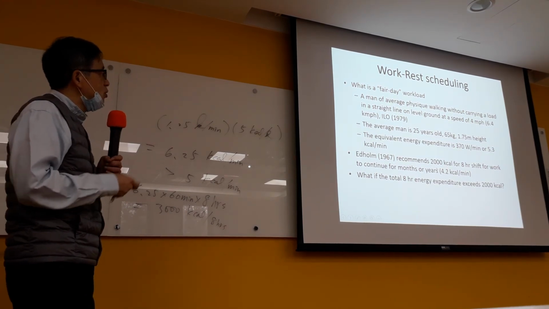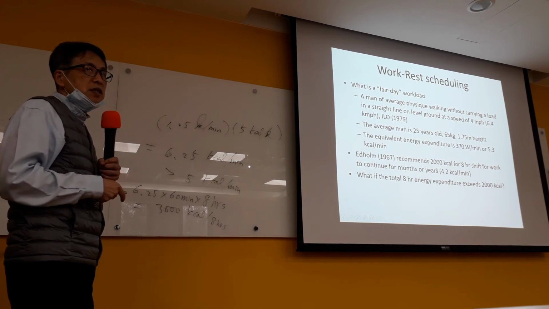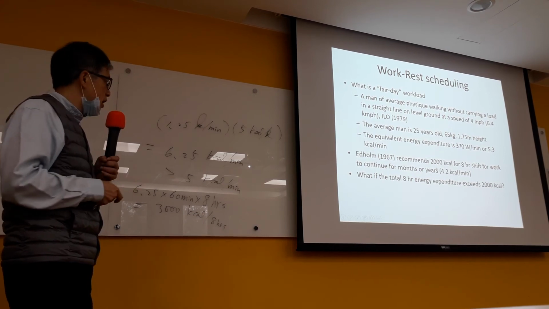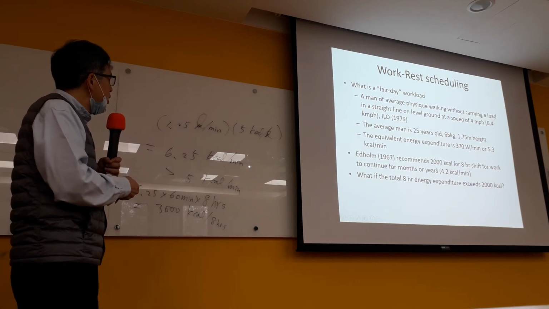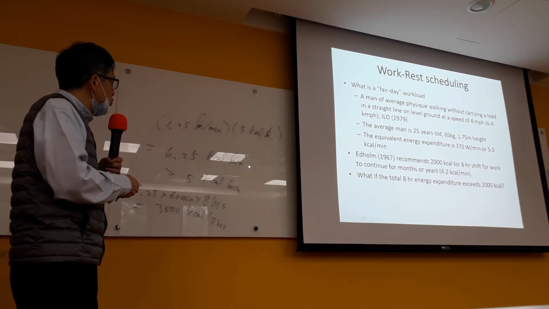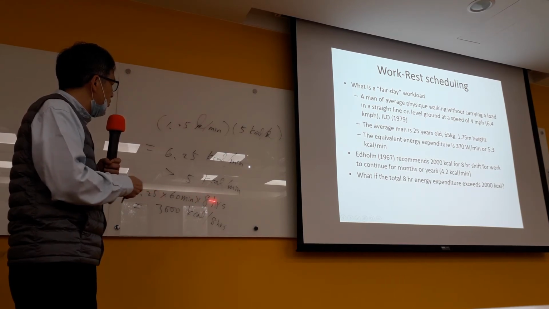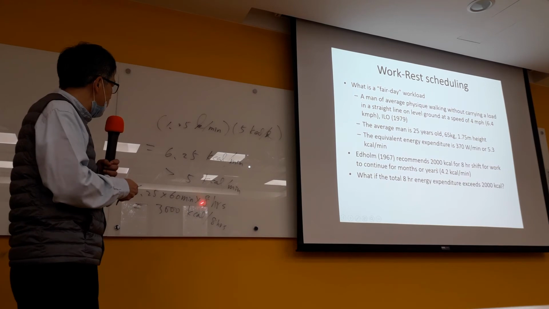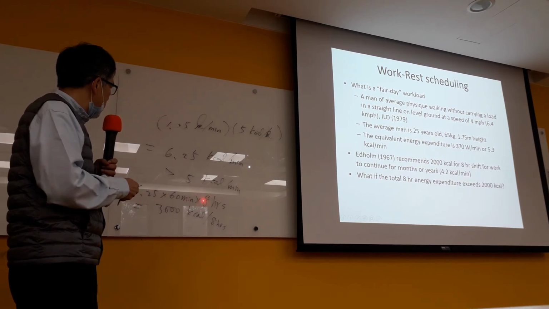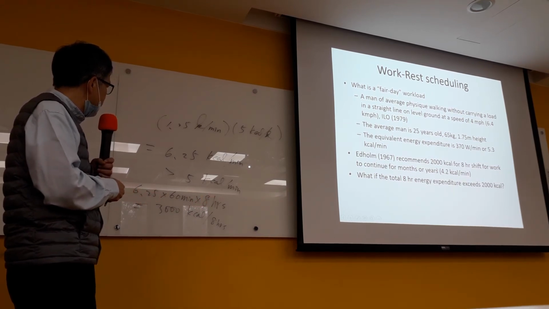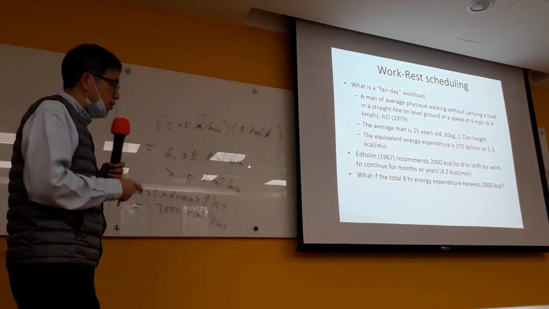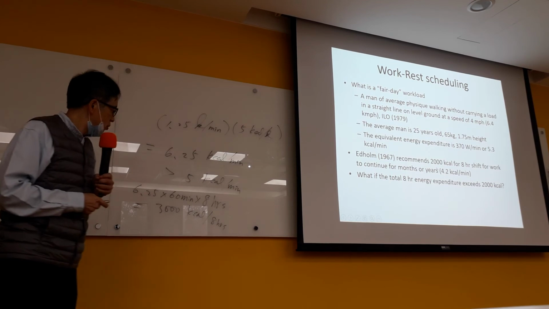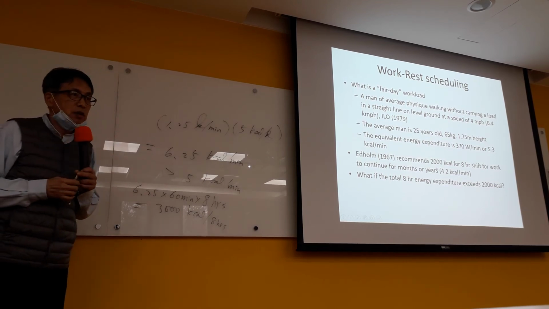So how do you give the rest duration? Okay, maybe you can allow him to rest for 1 hour and only working for 7 hours. Let's try it. If 7 hours, what will be the result? 2,600.